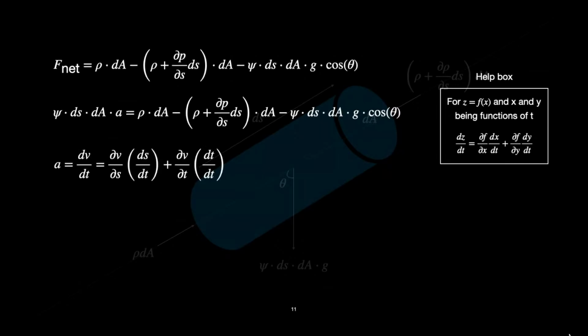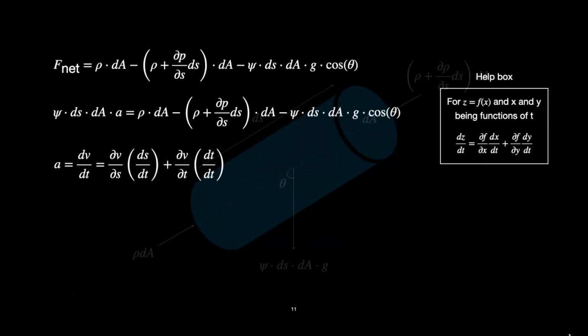Now I'm going to include a help box here for you. That's the chain rule for partial derivatives. So we have z as a function of x and y, and x and y are functions of t. So we can break the derivative of z with respect to t as follows. I hope that's clear. That's calculus 3, by the way.